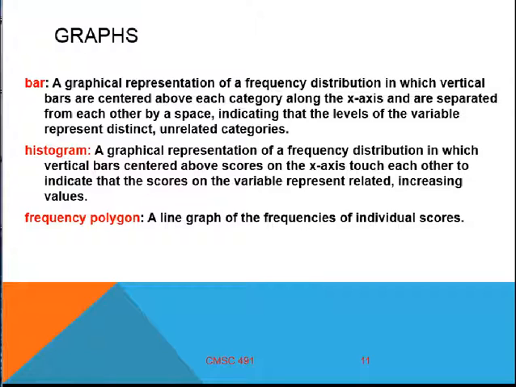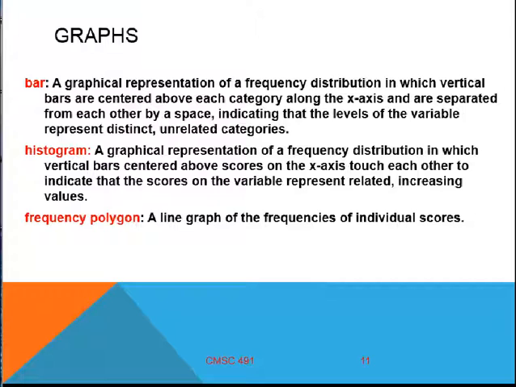There's also a histogram, and that's another common graphical display of quantitative data. The variable of interest is placed on the horizontal axis, and a rectangle is likewise drawn above each class interval, with its height corresponding to the interval's frequency, relative frequency, or percent frequency.